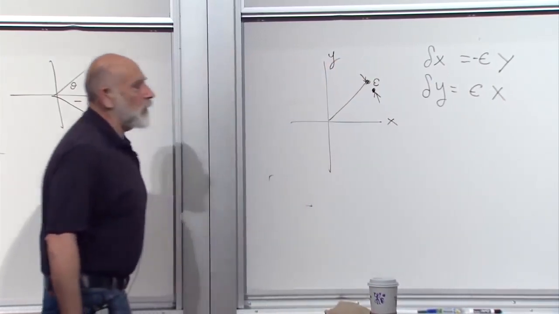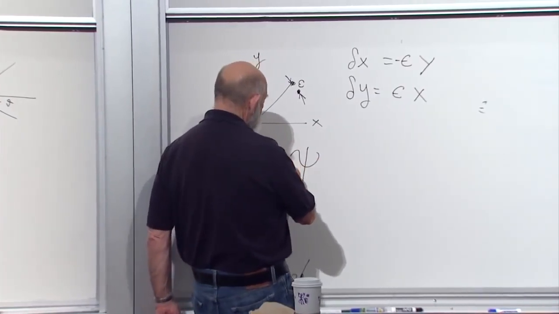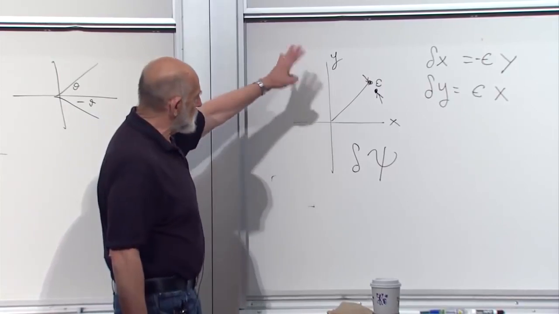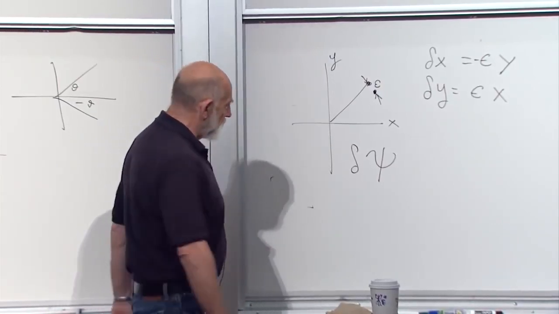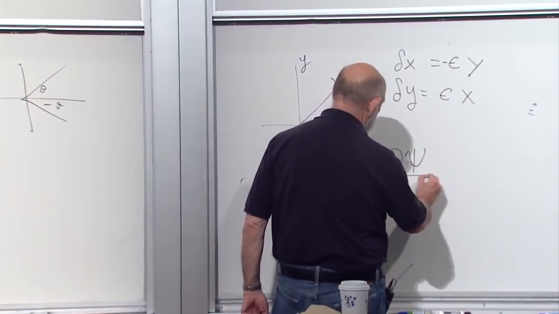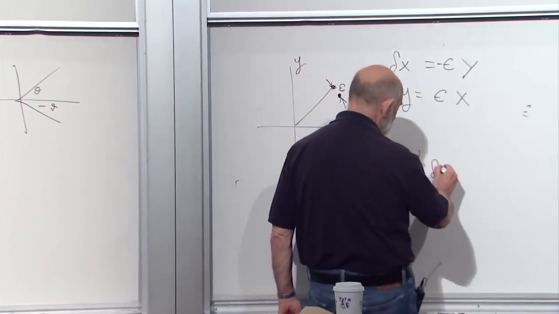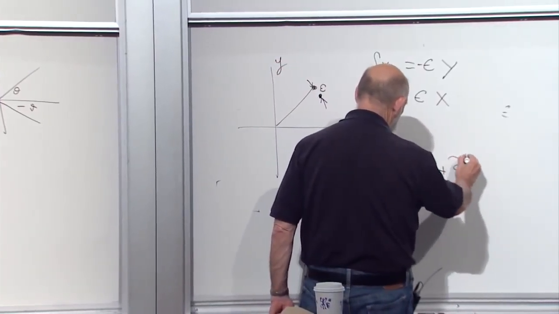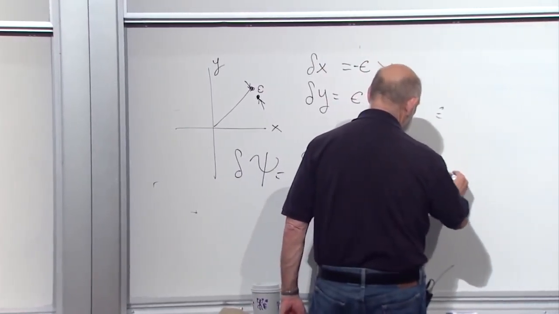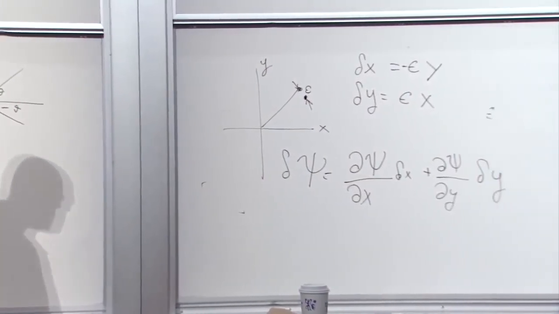Okay, now let's consider a wave function, psi of x and y. What is the change in the wave function if you reconfigure the system by rotation? It's equal to the derivative of psi with respect to x times the change in x, plus the derivative of psi with respect to y times the change in y. If I shift the wave function.